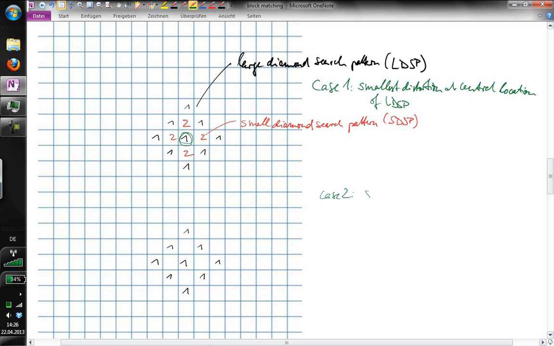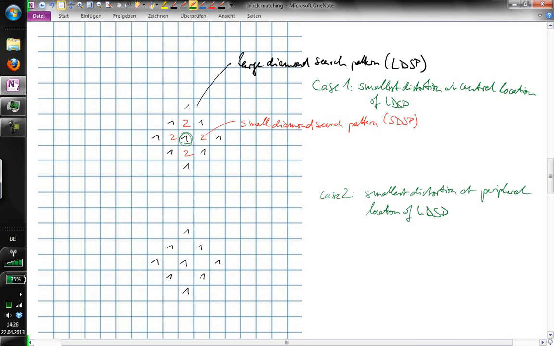We have the smallest distortion at one of the peripheral locations of the large diamond search pattern.